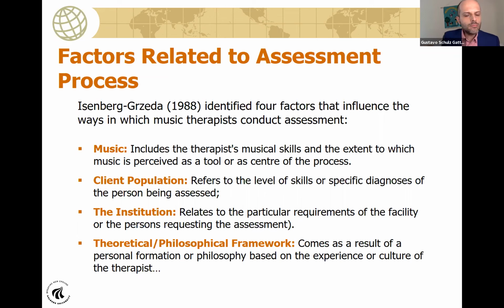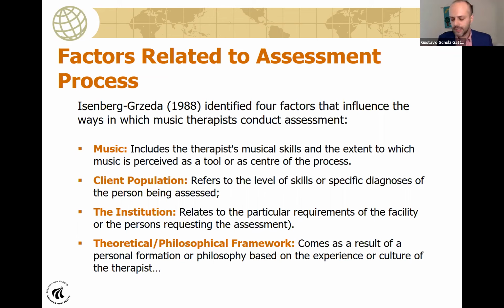Also, when you understand music as a tool in the music therapy assessment process, I can use the music just to promote an interaction between the client and the music therapist. So, for example, I have a musical interaction between the different participants, but I'm not interested in the music. I just use the music to facilitate the interaction, and I want to see exactly what is going on in the interaction and not in the music.